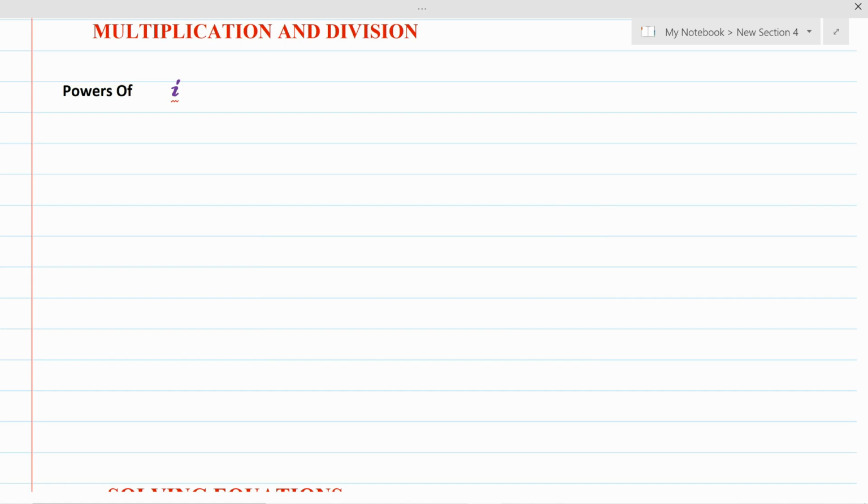So let's take this example. If I have the complex numbers z equals 1 plus i, and w equals 2 plus i.